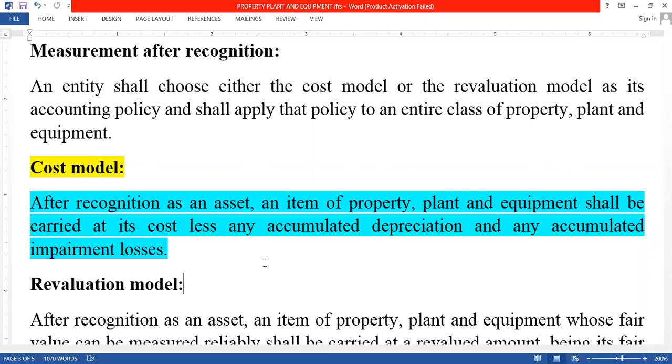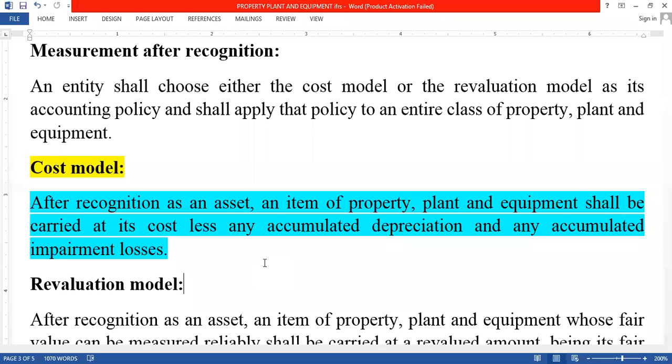When measuring on its cost price, they deduct accumulated depreciation, which is the depreciation incurred in the organization because of that particular asset. We deduct that depreciation from the cost price of the asset, and we also deduct any accumulated impairment losses.